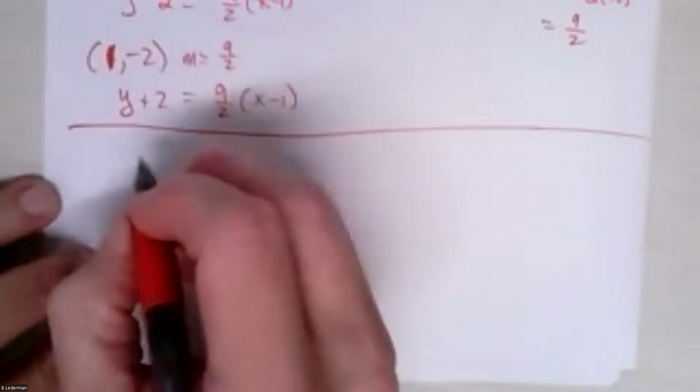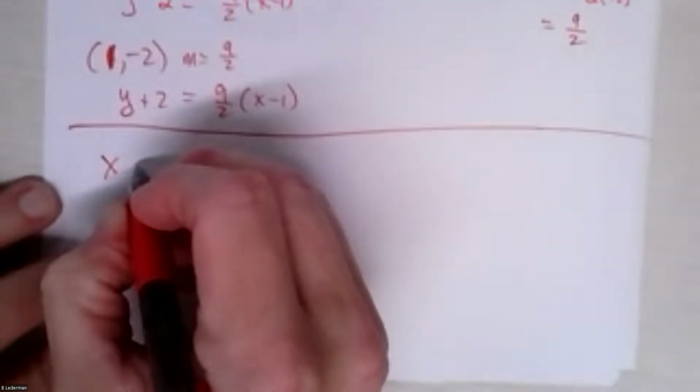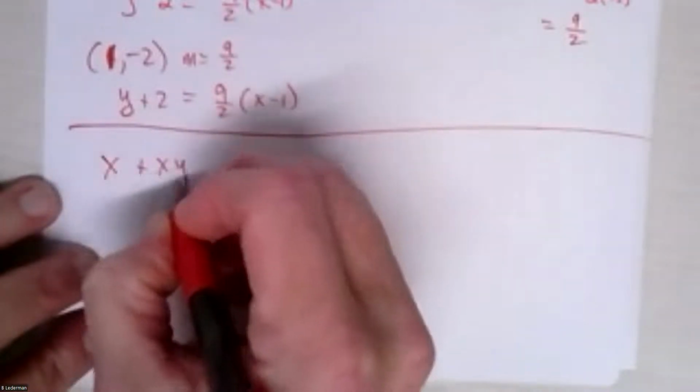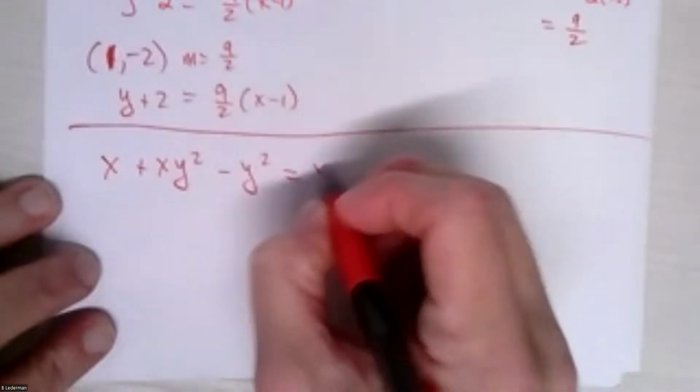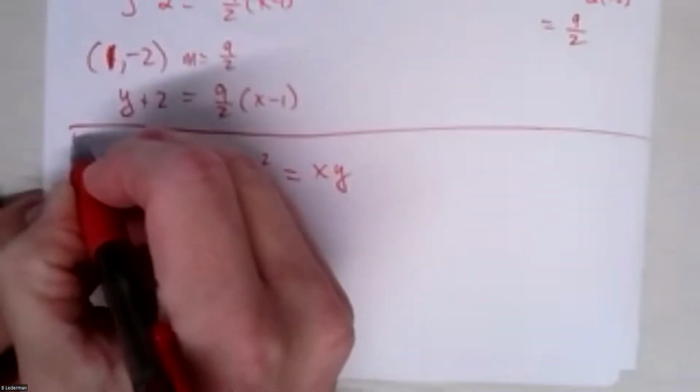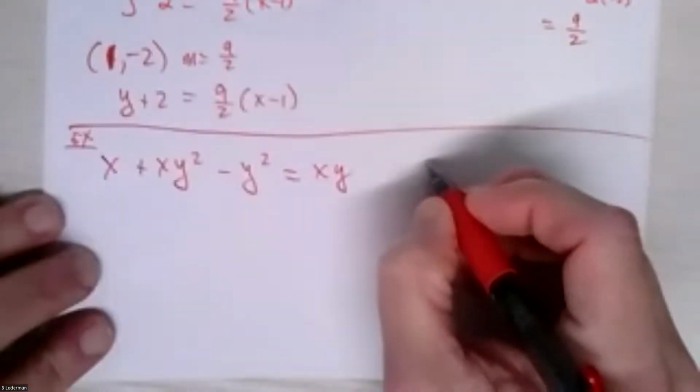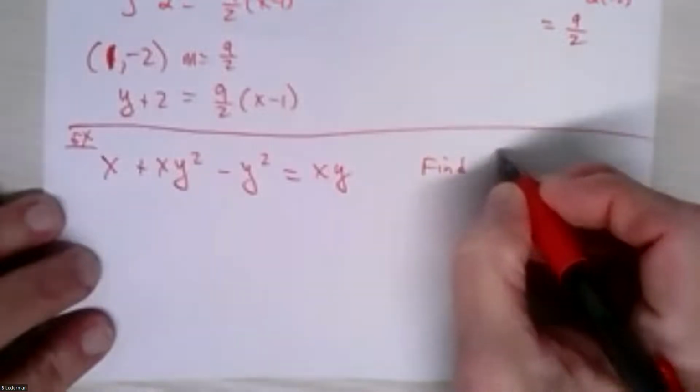Let's see, x plus xy squared minus y squared equals xy. That's the example. And I just want to find dy/dx.